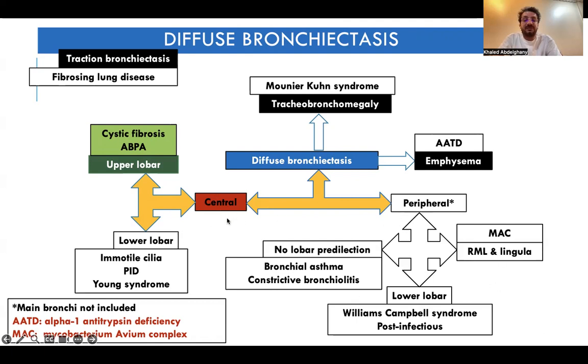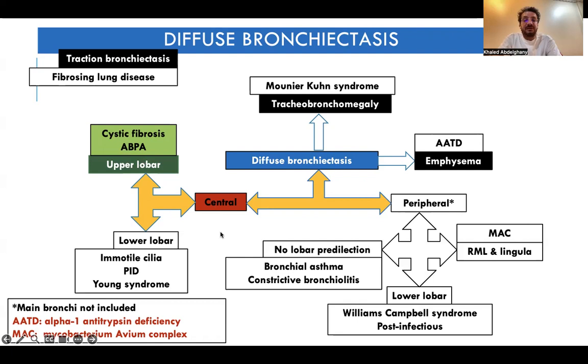Even if you cannot judge whether the diffuse bronchiectasis is central or peripheral, the presence of them in the upper lobes will limit the differential to cystic fibrosis and allergic bronchopulmonary aspergillosis.